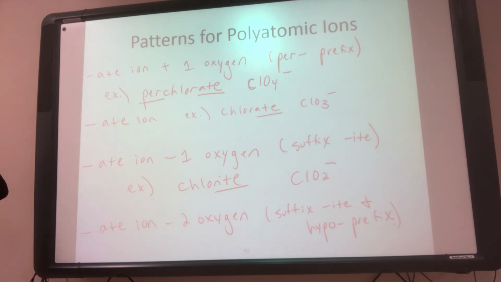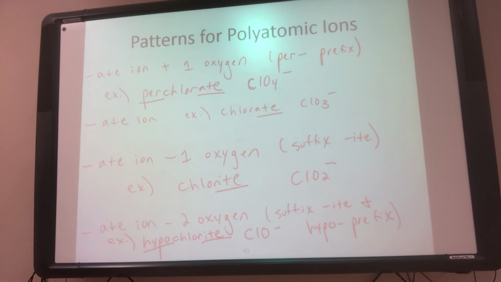So if ClO3 is my base, that's my -ate, and I want to lose 2 oxygens, then it's just ClO-. And then to get the name, I go from -ate to -ite, and then no prefix to prefix. So hypochlorite. Prefix and the endings.